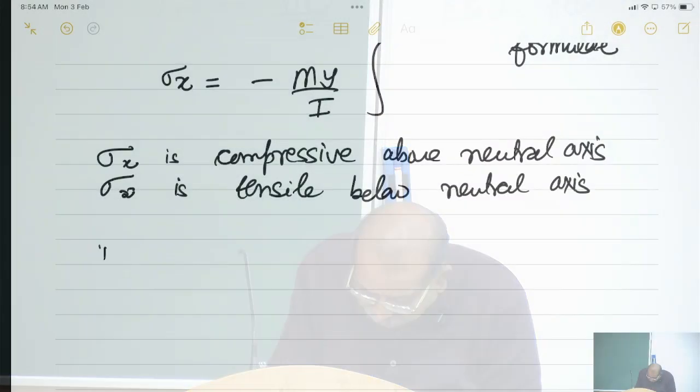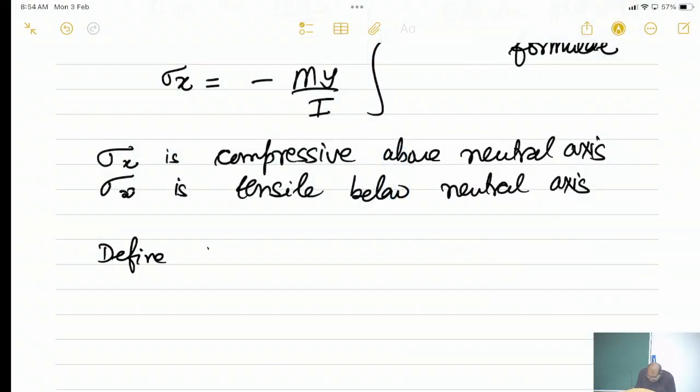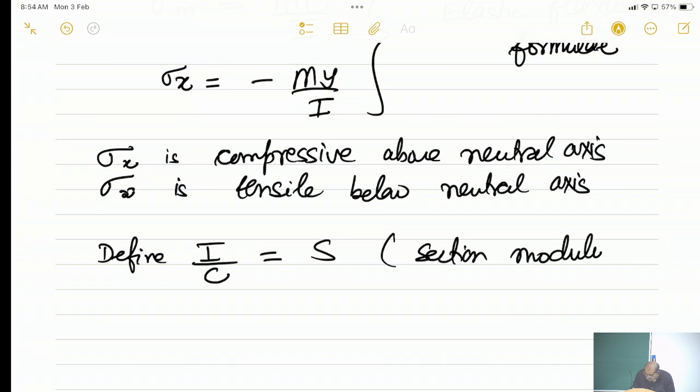So since both of these depend on geometry, we define I upon c as the section modulus, and what we have is sigma m is equal to M divided by S.